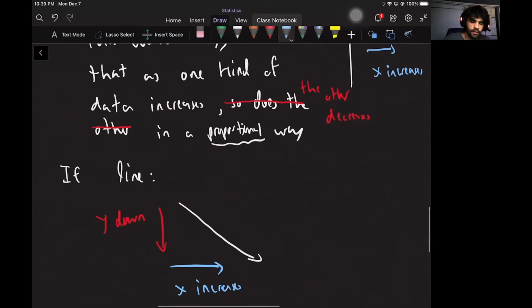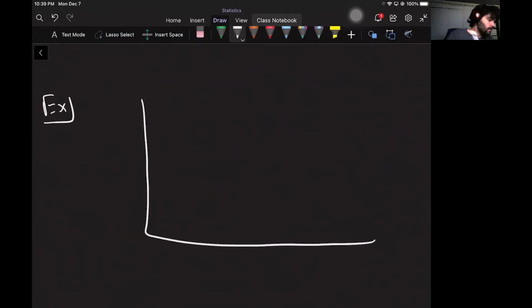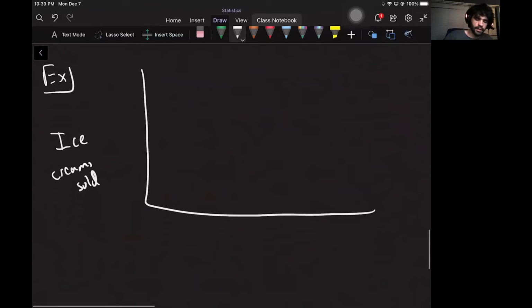Okay, so let's see some examples. All right, so here is a scatter plot of the number of ice creams sold, I don't know where this is, somewhere, and in that same city, the number of murders.